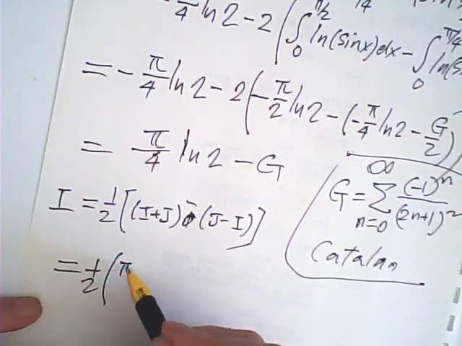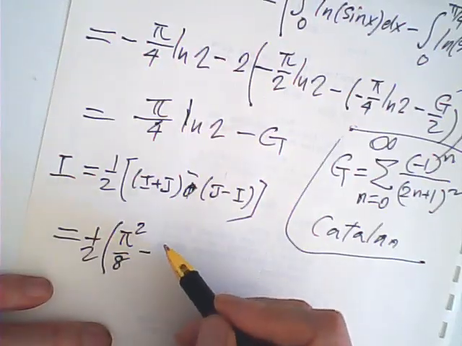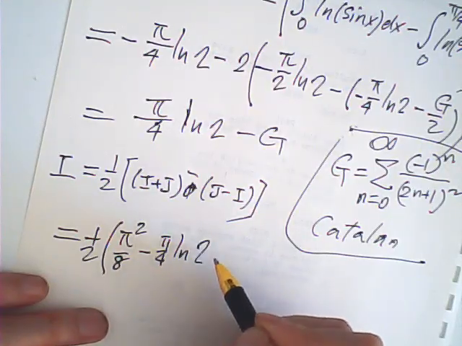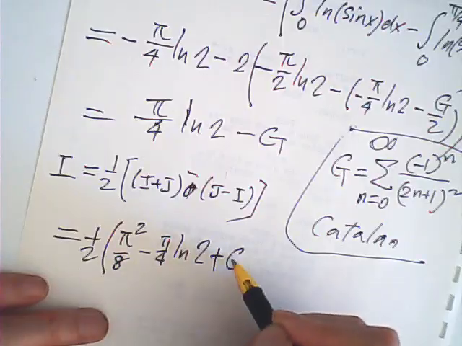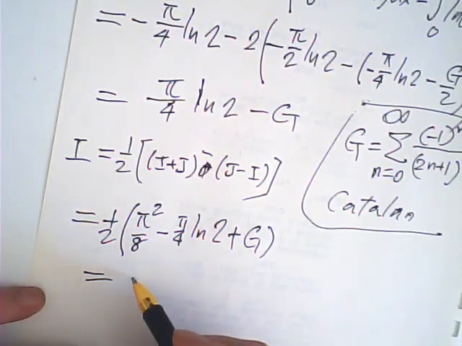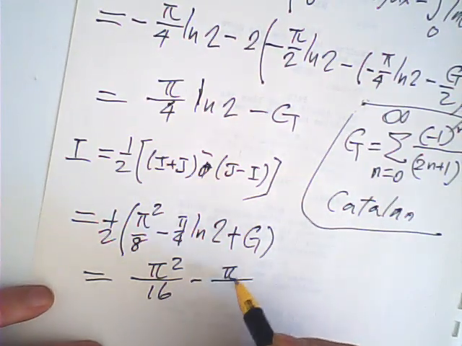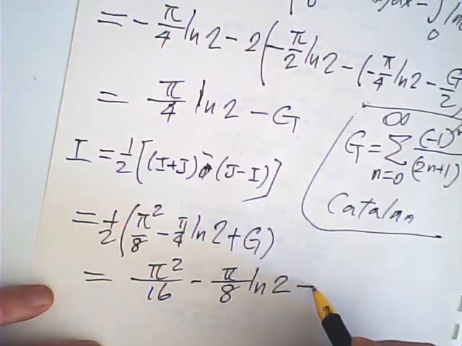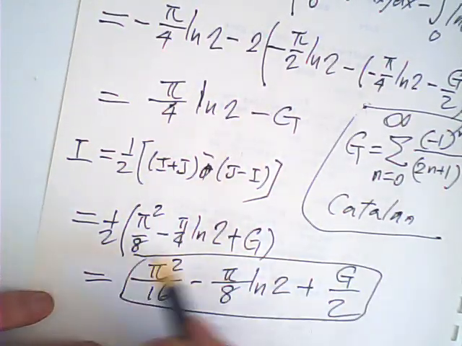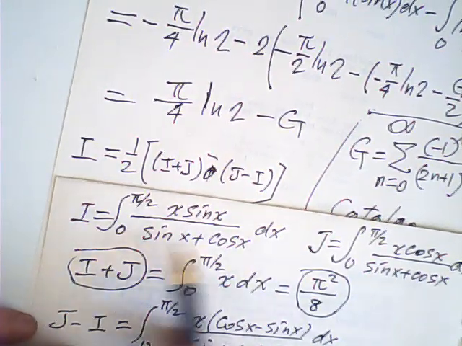This is pi squared over 8 minus this and plus G. So it ends up with pi squared over 16 minus pi over 8 log 2 plus half G. That is my integral for this one.